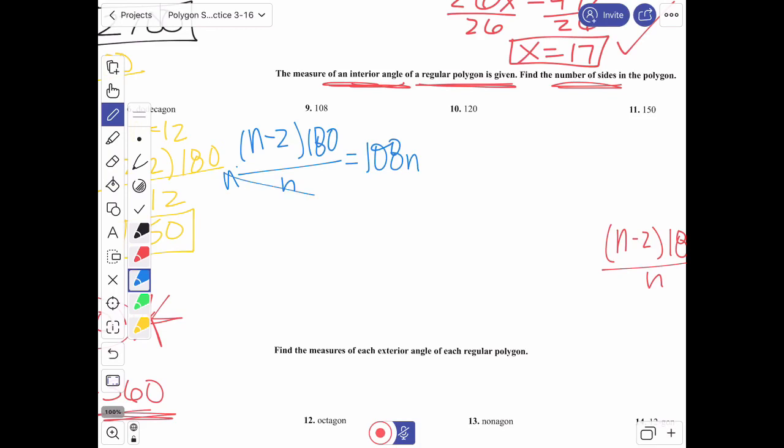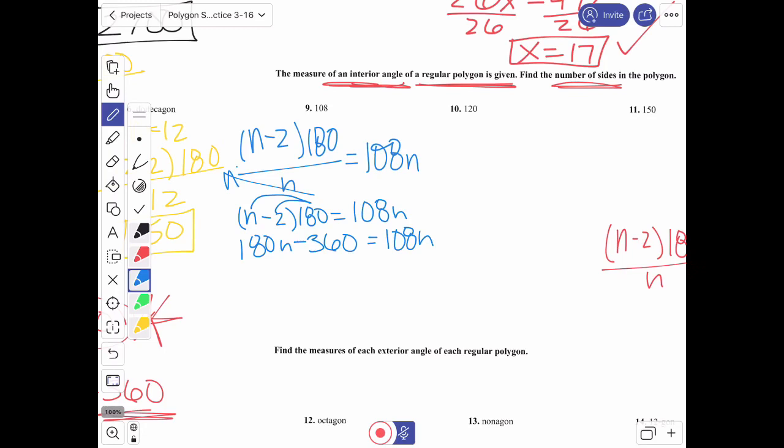So my n's cancel over here. And then I get n minus 2 times 180 equals 108n. Then I'm going to distribute that 180, and I get 180n minus 360 equals 108n.